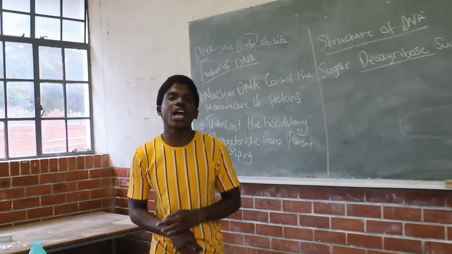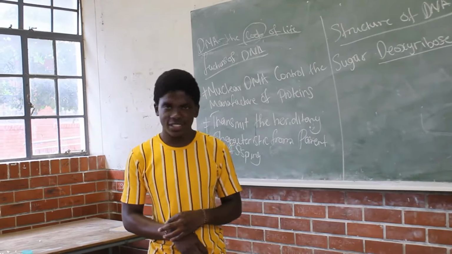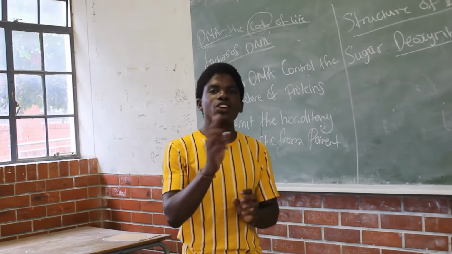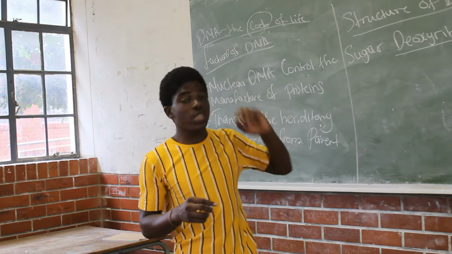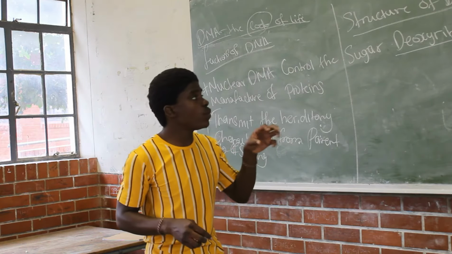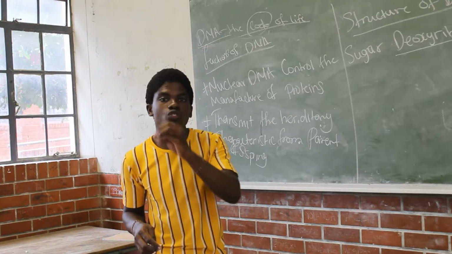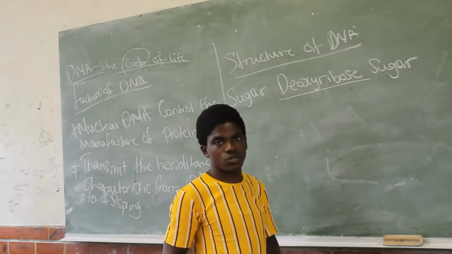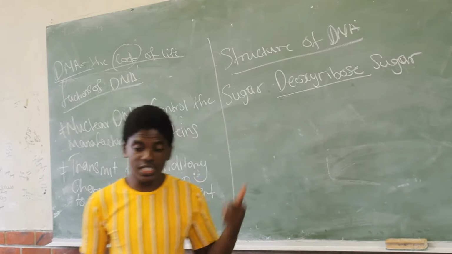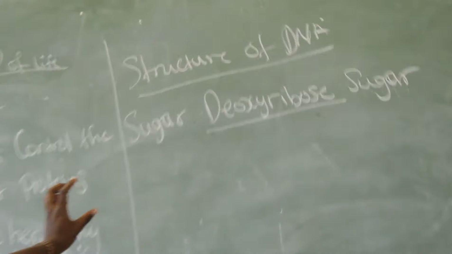Not deoxyribonucleic. No. Once you say deoxyribonucleic, that means you are writing the full name of DNA. But when we are talking about the type of sugar, it's called deoxyribose sugar. So that is the first part, the type of sugar that is found there.